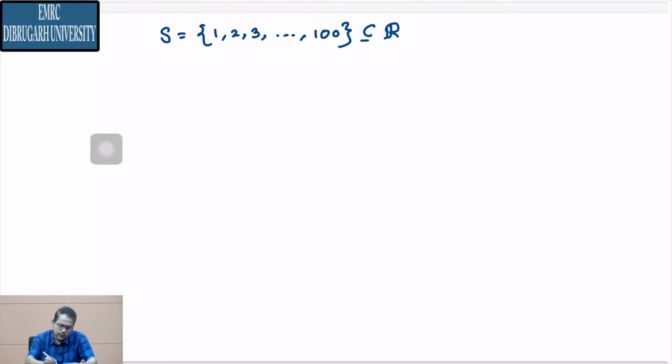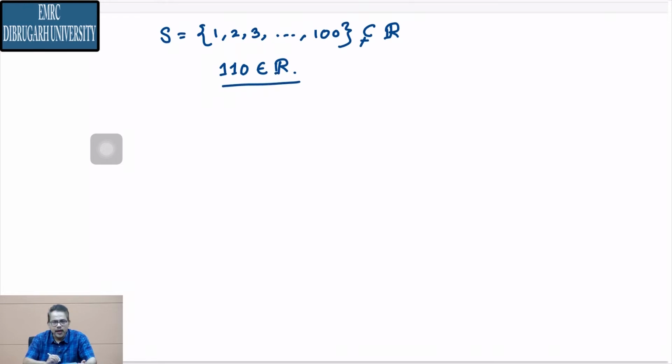Let us look at a few examples. Take for example the set S, 1, 2, 3 up to 100, which is of course a subset of R. The question is whether this set is bounded above or below. Take the element 110, it is a real number.